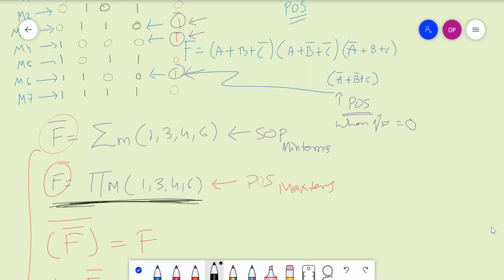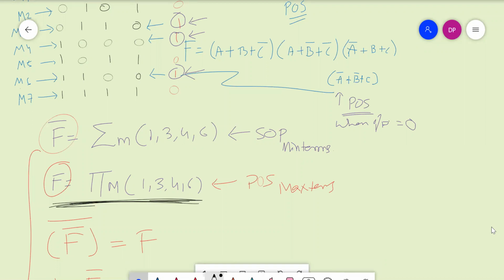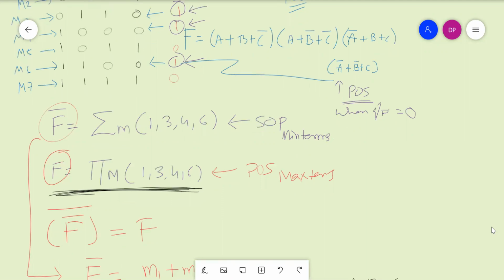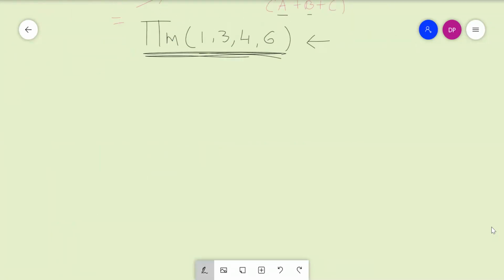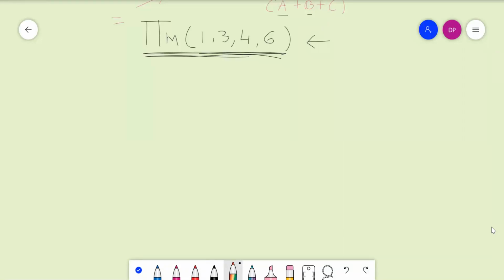Okay, let's take another example and try it. Take A, B, C, F. This is what is given to you in the question.